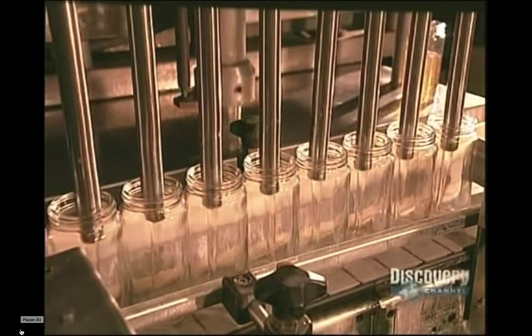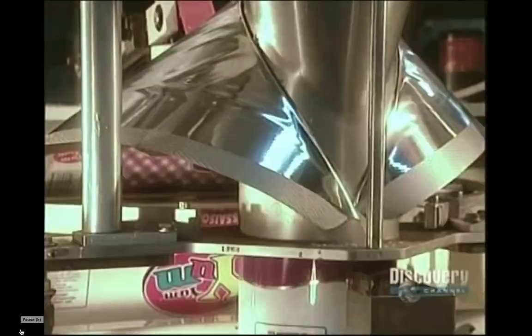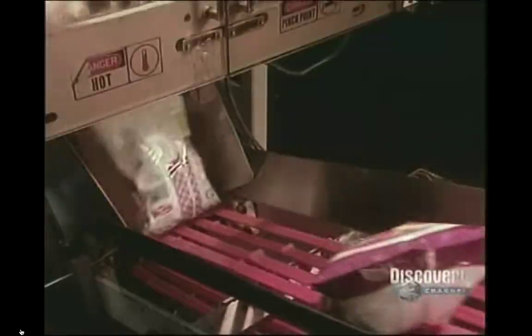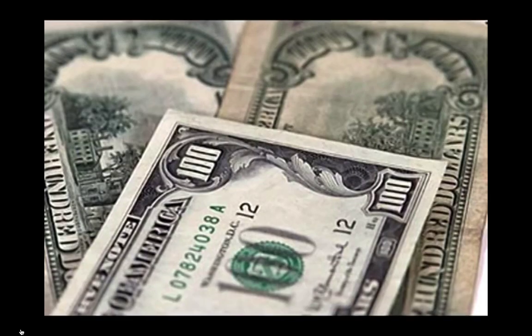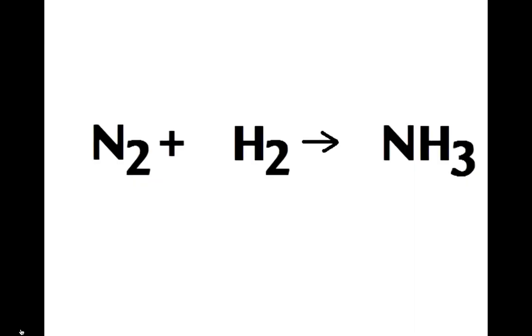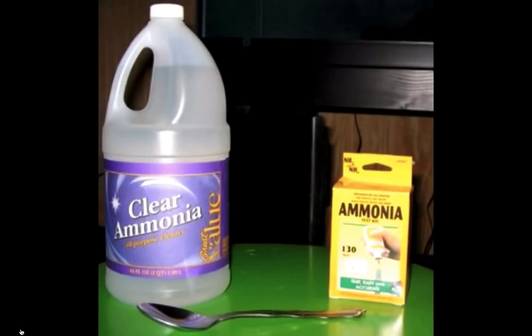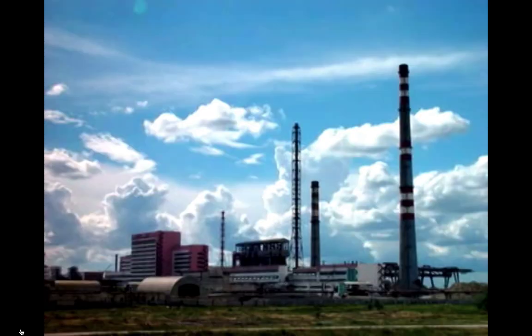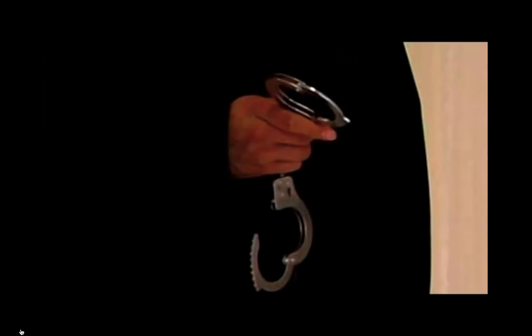So, you want to make a product, something you can sell, so you can make some money, your life will be so swell. You make up a reaction to make the stuff you need. You hire up some chemists and build a factory. Don't break the law, don't break the law.